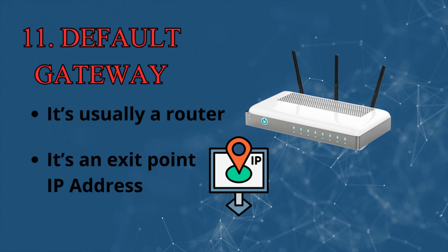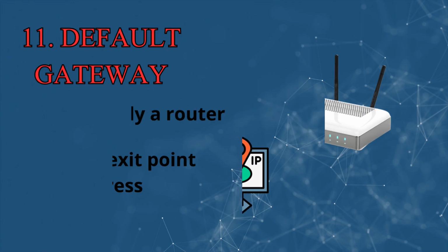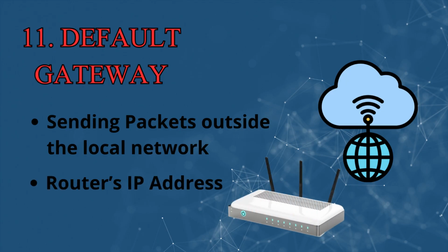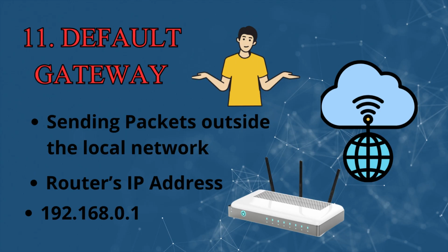If for example your computer wants to send data to a destination outside the local network, it will send it to a default gateway. This default gateway is usually the router's local IP address, for example 192.168.0.1. So a default gateway is the IP address of that device to which we send traffic when we don't know where else it should go.